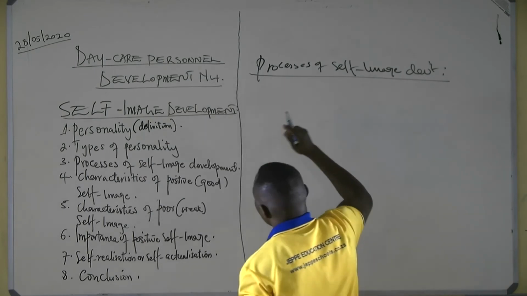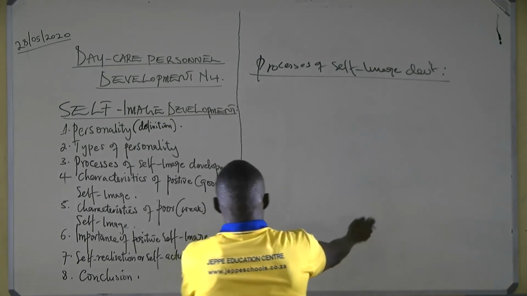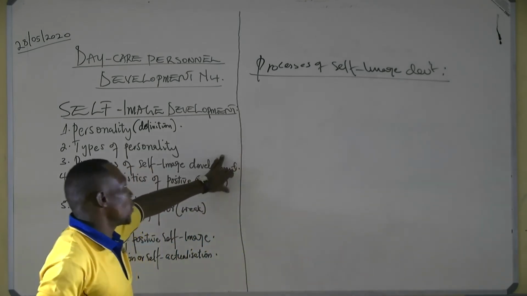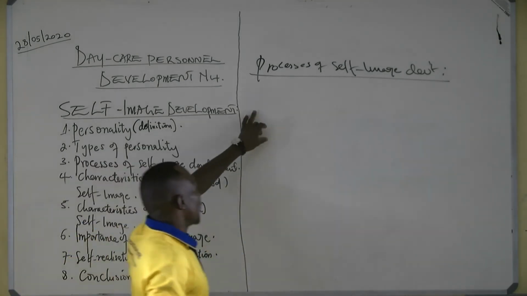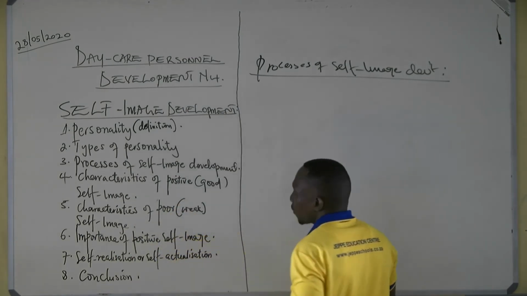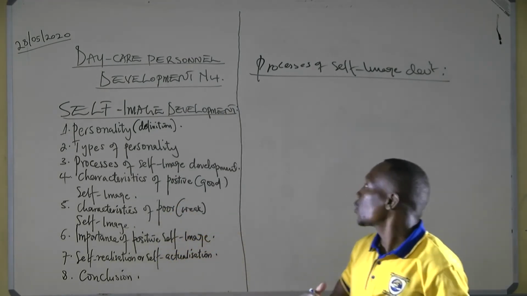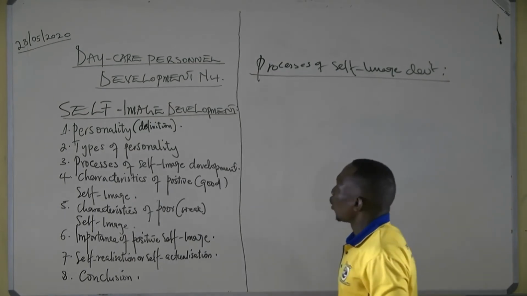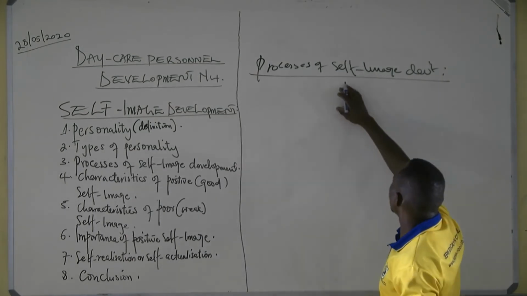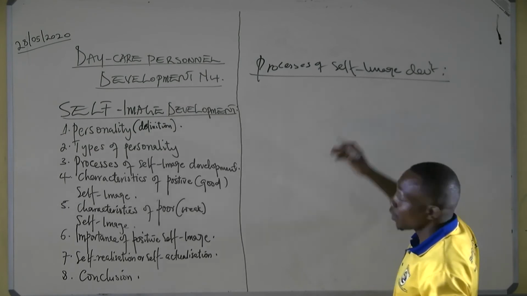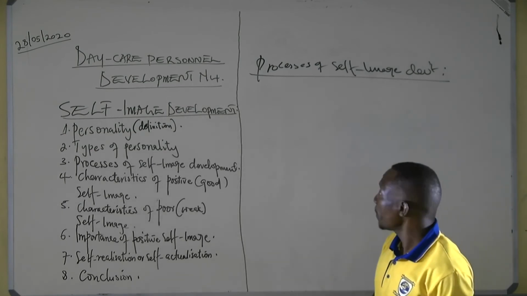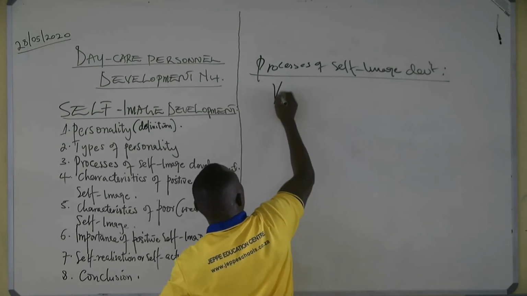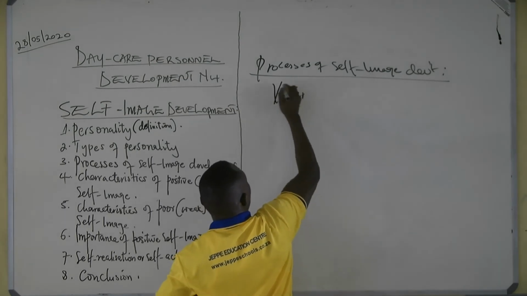Processes of self-image development. Now, significantly, when you look at these processes, there are 2 gentlemen still, and these 2 gentlemen, like the other that we looked at, also came out and tried to give a detailed explanation of these processes that build what we call self-image in a given individual.